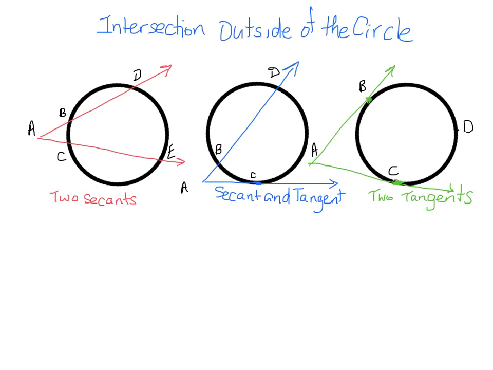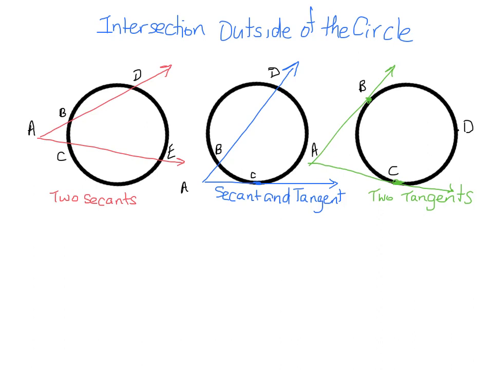We can have two secants intersecting, one secant and one tangent intersecting, or two tangents intersecting. These are three cases in which they're all intersecting outside of the circle. However, they are the same, really. What happens is exactly the same.